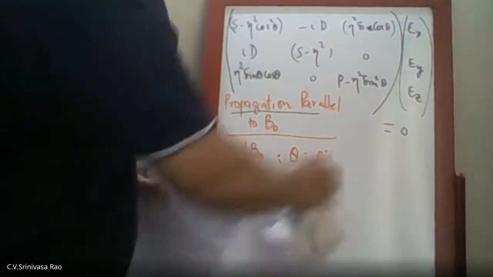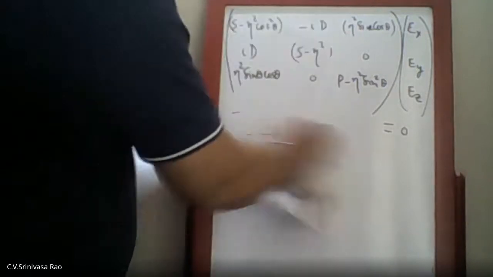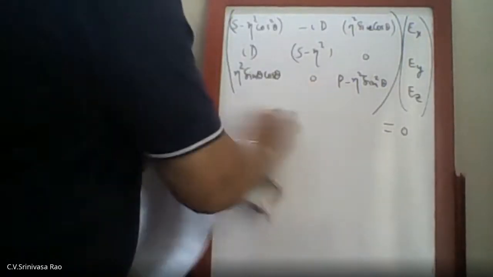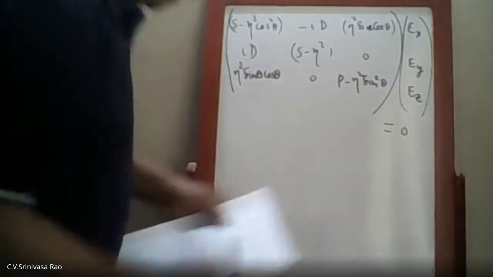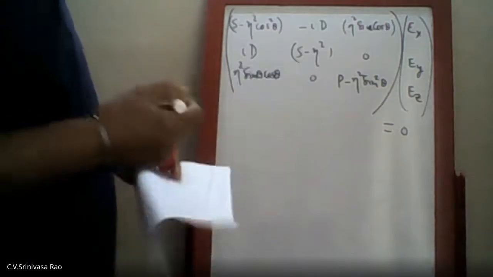In that case, we had put the value of theta equal to 0 in these equations and then simplified them. And then we got that there were three types of waves.